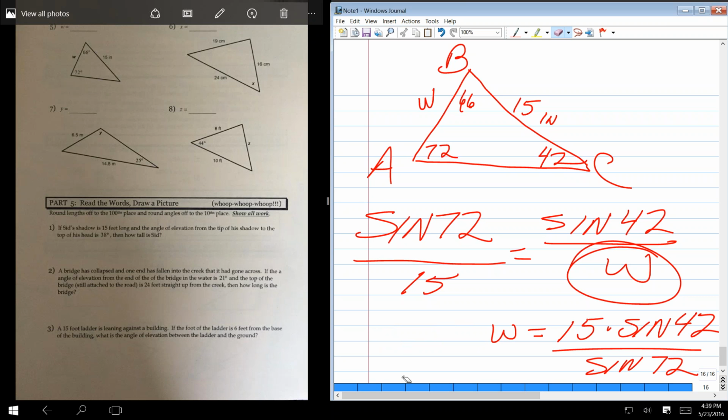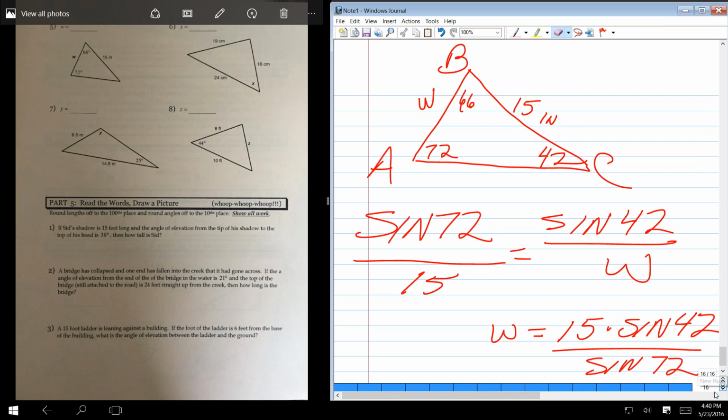Just always remember that when you're looking at things like that, that's just a number. That's not a variable. That's a number. So when you get it down to 3 numbers and a variable, you can always solve for the variable.